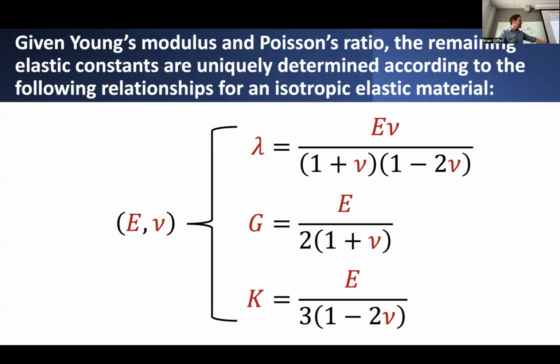So technically speaking, assuming you know 2 of these elastic constants, you can use these different relationships to determine what the other constants should be. So pick 2, set their values, and then you can find the others based on those settings.